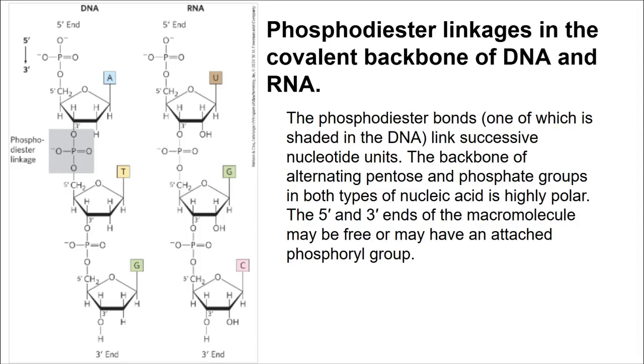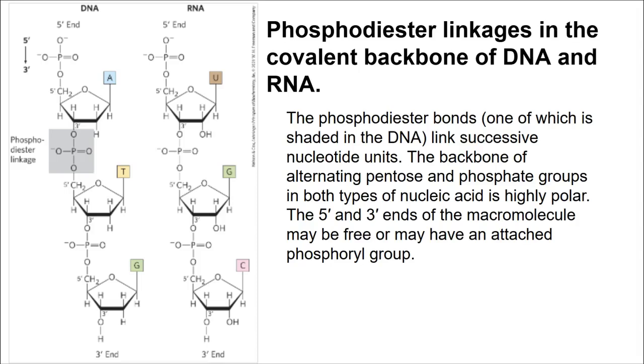And then joining together nucleotides are phosphodiester bonds, which form the backbone of alternating pentose and phosphate groups in both types of nucleic acid, and it is highly polar.